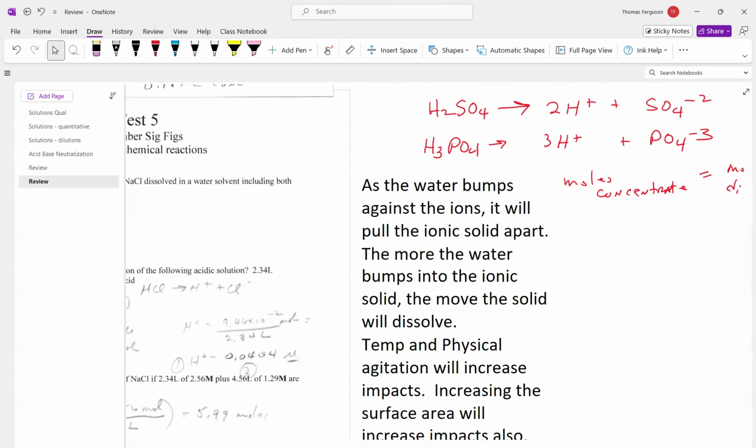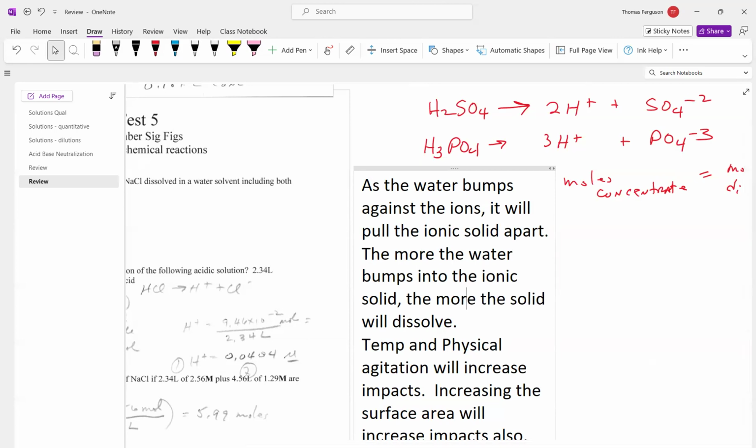The more water bumps into the ionic solid, the more the solid will dissolve.